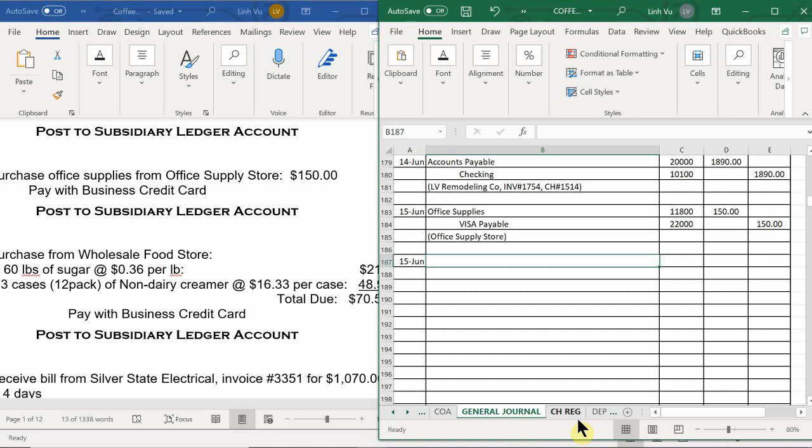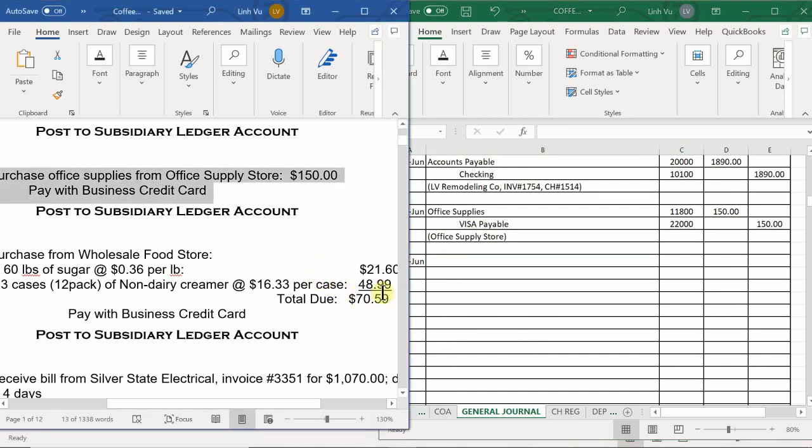And we are going to put we purchased 60 pounds of sugar at 36 cents.